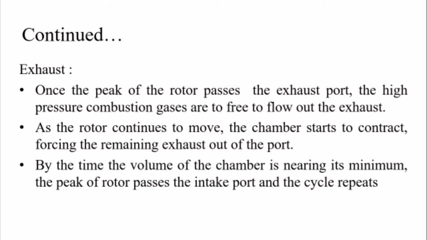As the rotor continues to move, the chamber starts to contract, that is, the size of the exhaust port is reduced, forcing the remaining exhaust gases to move out of the chamber. By the time the volume of the chamber is nearly minimum, the peak of the rotor passes the intake port and the cycle repeats. This is how the camless engine works.